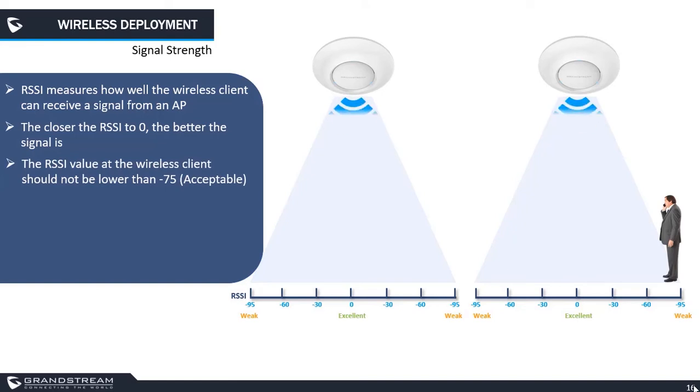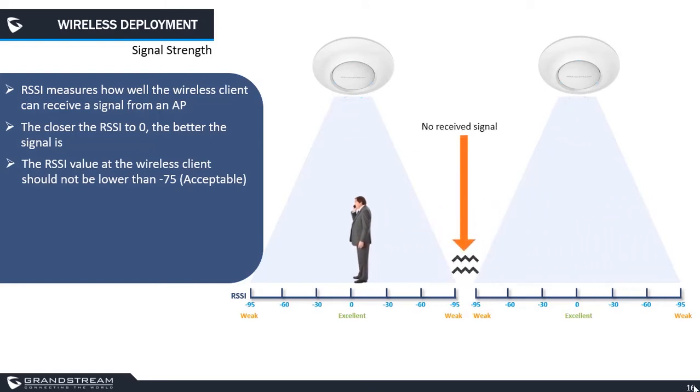And to ensure an acceptable wireless connection, the detected RSSI at the wireless client should not be lower than -75. The RSSI is also important because it allows us to ensure that there are no gaps in your wireless coverage, because that could negatively affect roaming users.